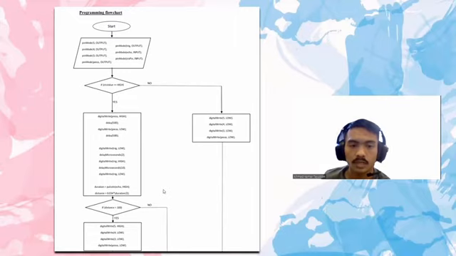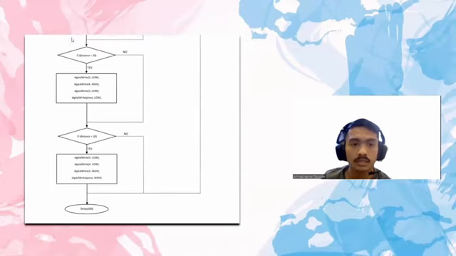So if let's say the decision is no, then it will proceed to the next decision function, which is if the distance is not more than 30, where this is for the ultrasonic sensor. If it is yes, then the process function will trigger, and you can see here only the yellow LED will turn on and the buzzer will still be off.